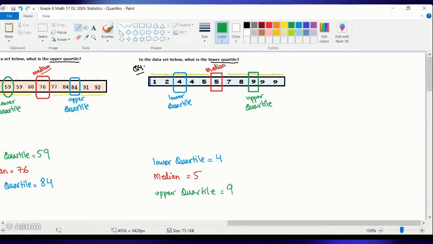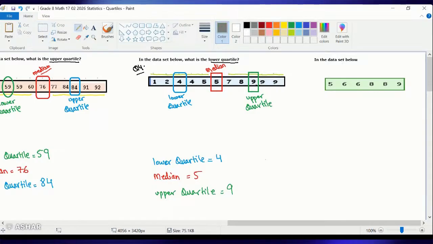Let's move ahead. Let's do another example. For the given set of data, let's find the upper quartile, lower quartile, and median.